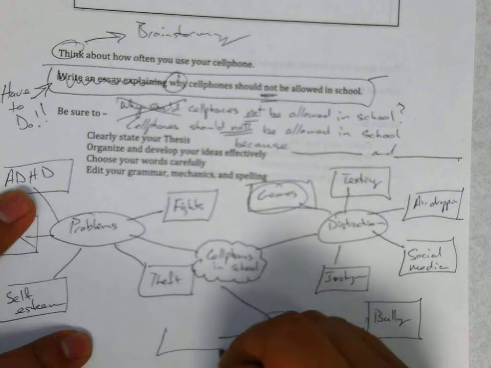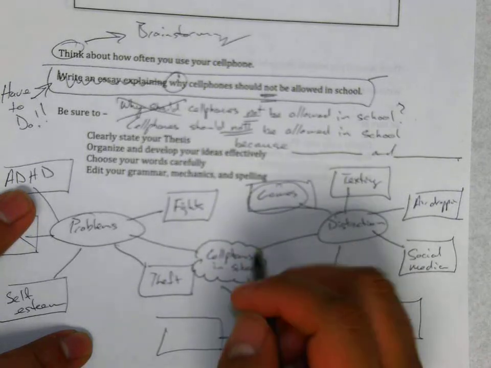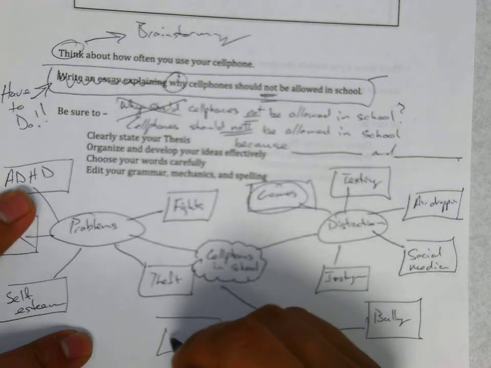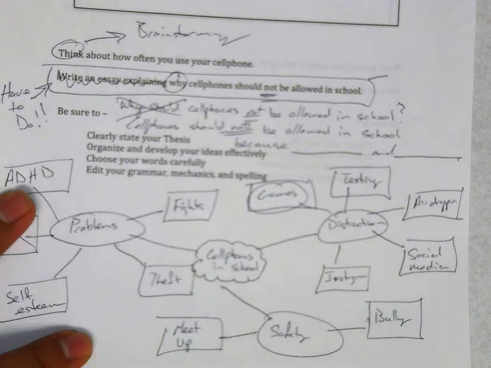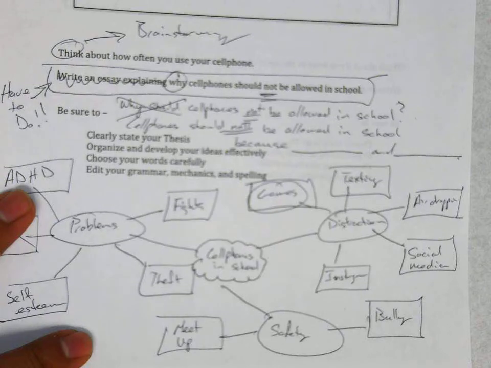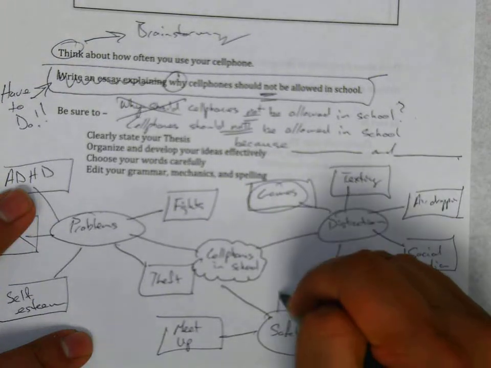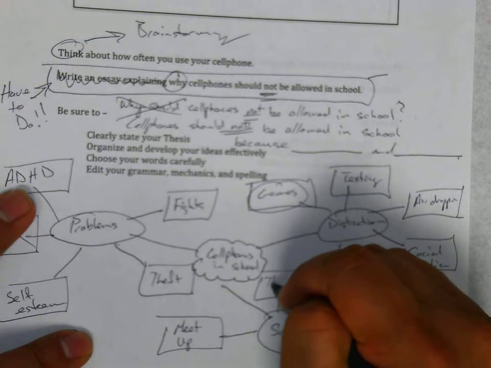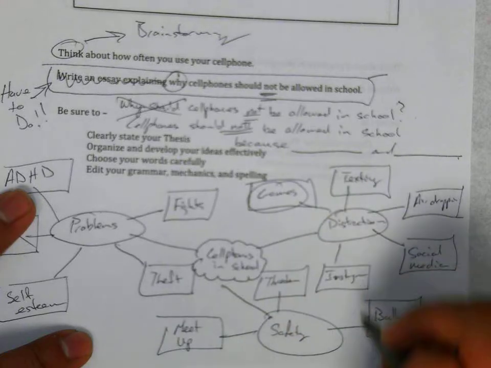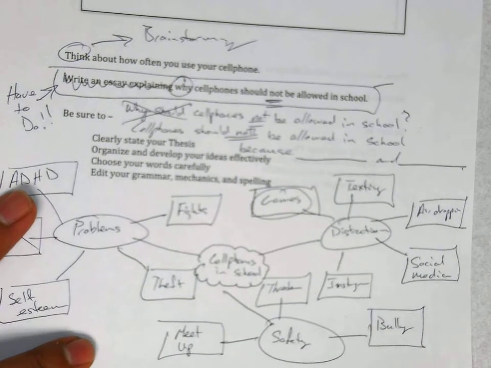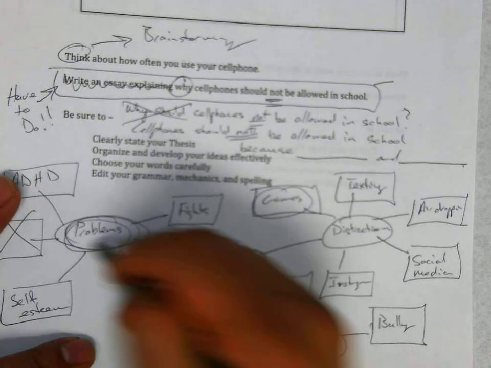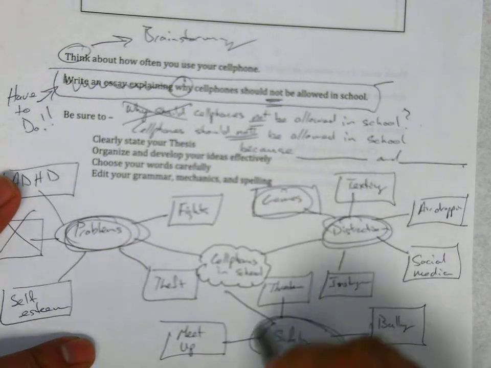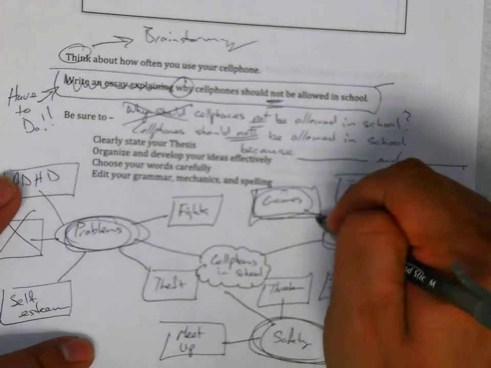People can, for lack of a better term, meet up, right? Like I've had several kids who like, hey, go ahead and meet me at this place or whatever. People can threaten, right? All these other things. So now we have these things. And these are really my reasons in circles. And then my examples are in squares.